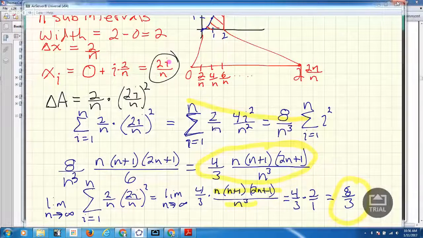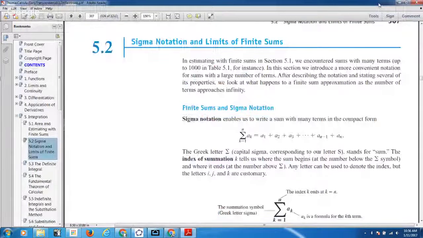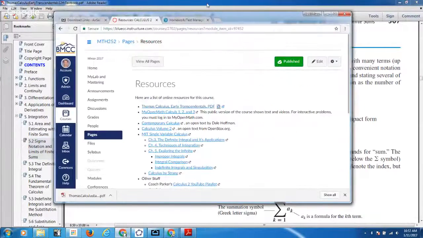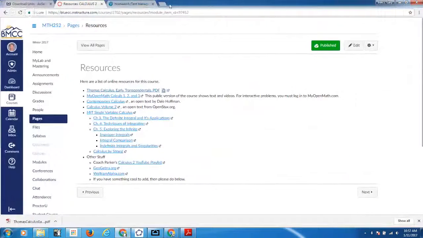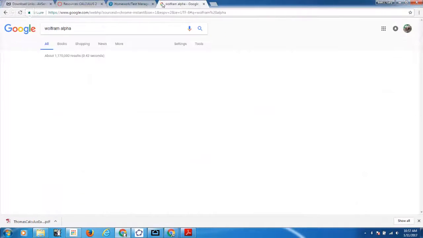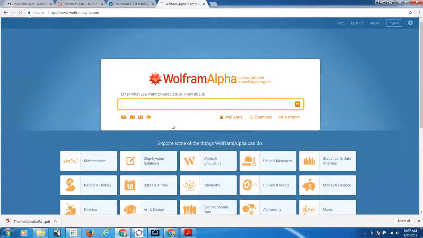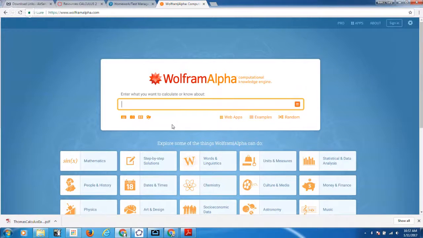Wolfram Alpha is another good one. Let's take a quick check with Wolfram Alpha. Where the heck is Wolfram Alpha? Over here somewhere. Another nice tool. I mentioned it in class, but I haven't used it yet. And so you can type mathematical expressions in here. If you type it right, it will get your meaning.